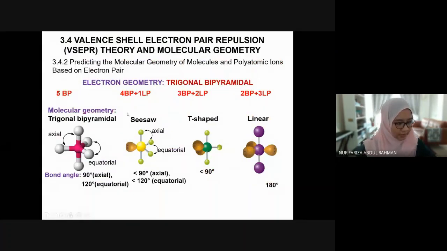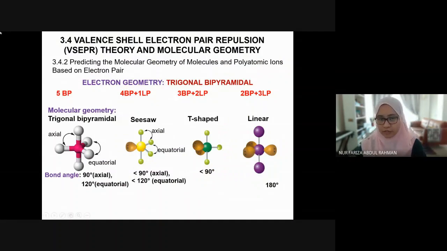Ready? So the electron geometry for trigonal bipyramidal consists of 5 electron groups surrounding the central atom. We may have molecular geometry the same as the electron geometry, so molecular geometry can also be trigonal bipyramidal.